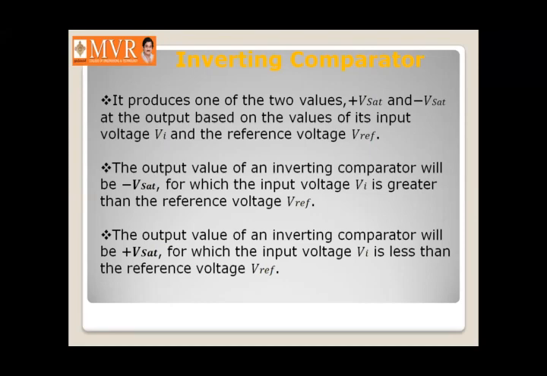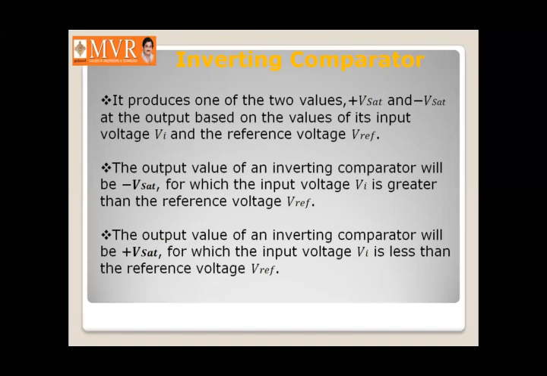So how is it going to change its state? See here, for an inverting comparator, the output will be at minus Vsat when Vi is greater than the reference voltage, and the output will be at plus Vsat when Vi is less than the reference voltage.